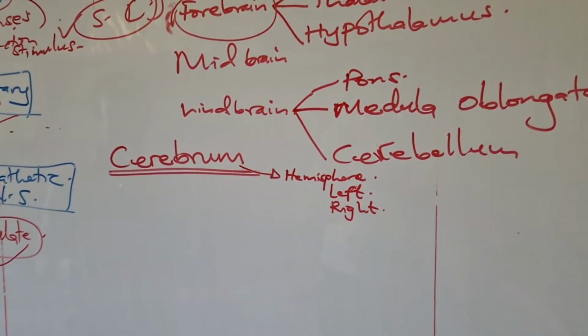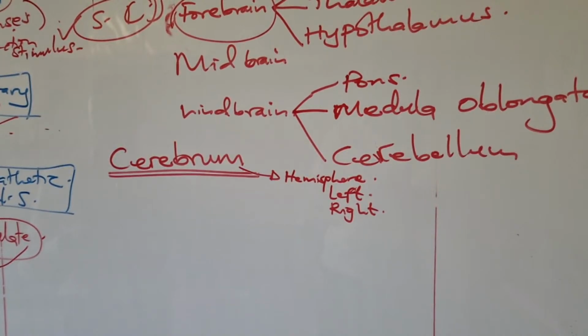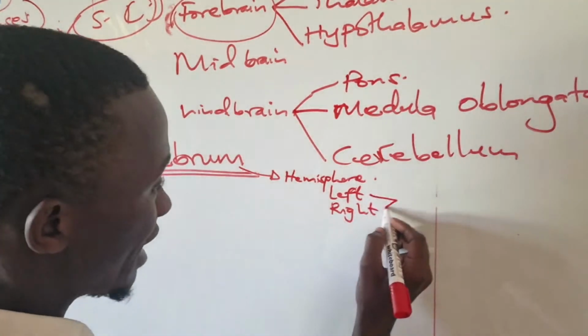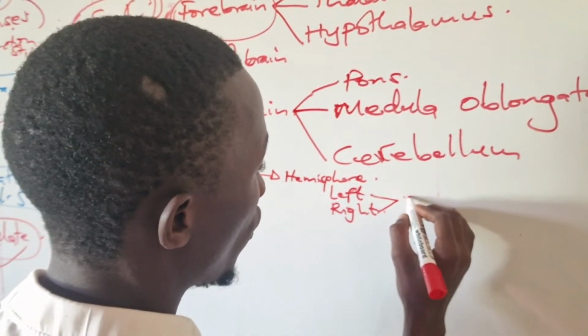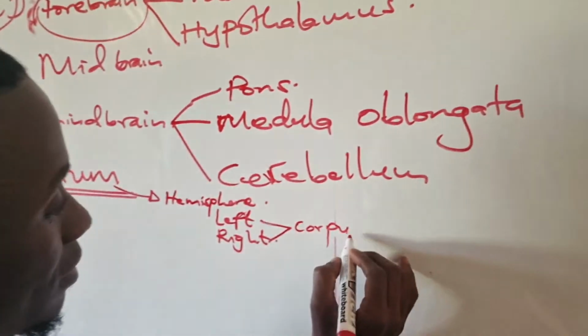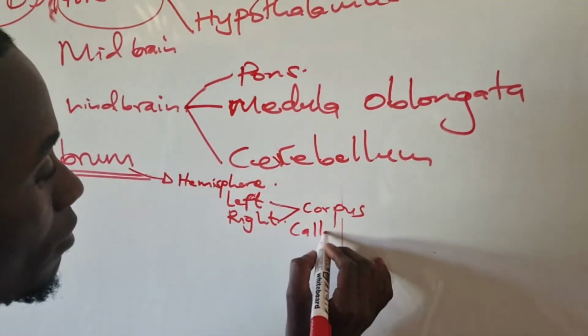The two hemispheres are connected by a part we call the corpus callosum.